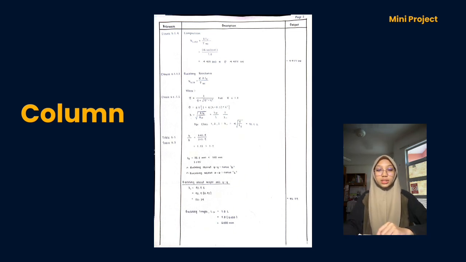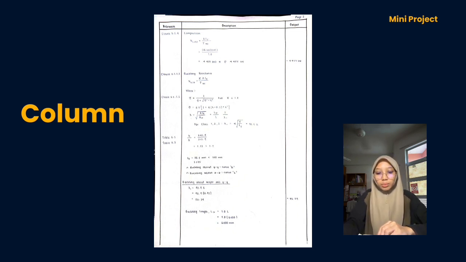Based on tables 6.1 and 6.2, h over b, I got 1.13, which is less than 1.2. tf equals 30.1 mm, less than 100 mm.